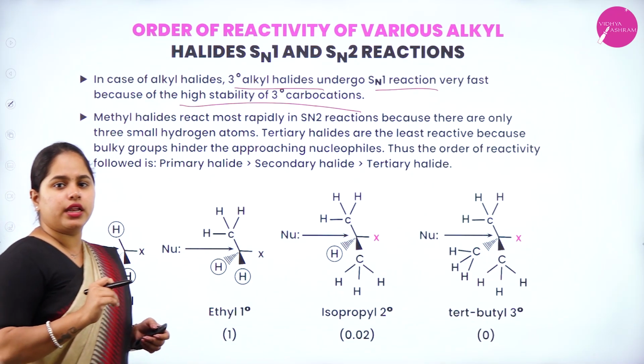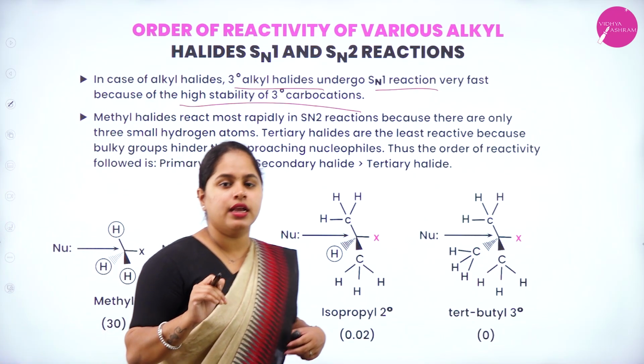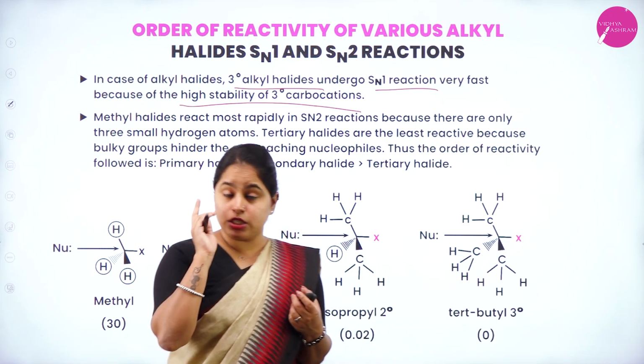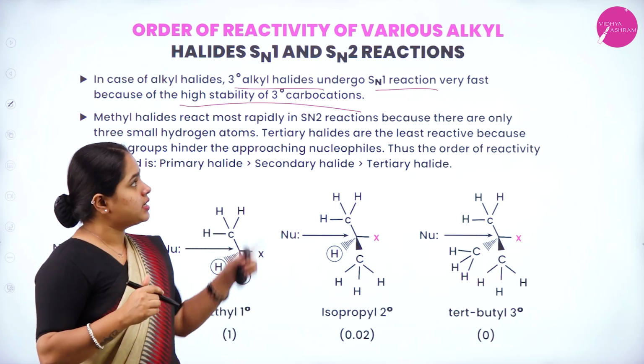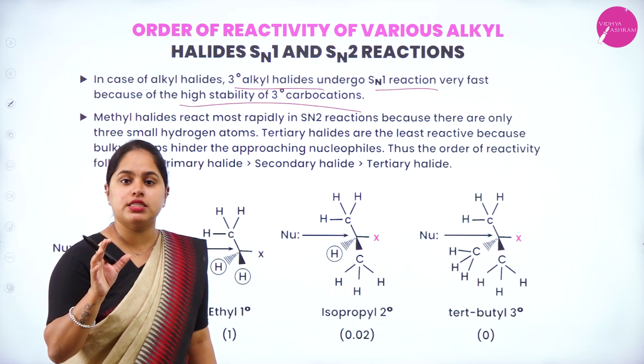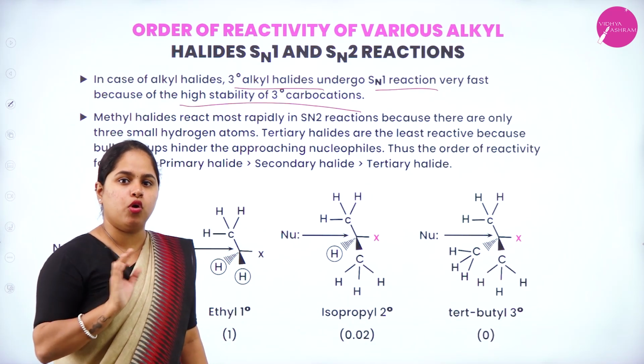In the SN1 reaction, we have already studied that it is a two-step process. First, the carbocation will be formed. So in the SN1 reaction, we consider the stability of the carbocation.